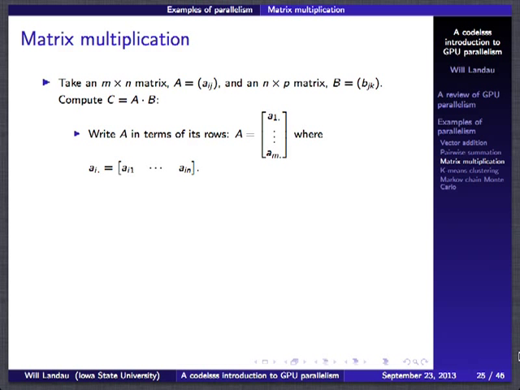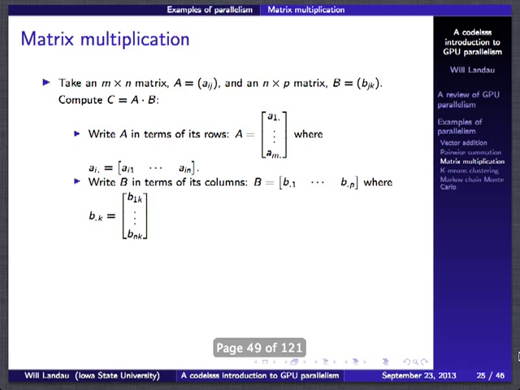And I'm going to make these simplifying notations here. I'm going to express A in terms of its rows, where each A_i dot is just the row vector of the ith row of A. So each one of these things in A is a row.